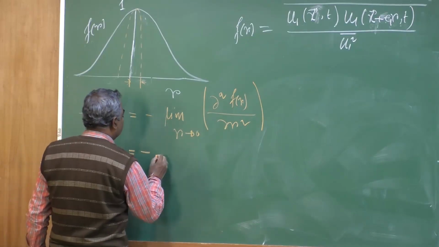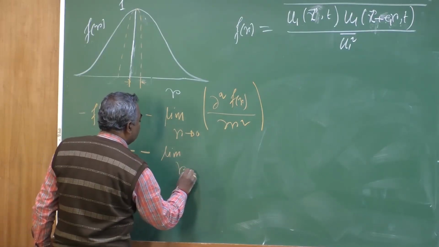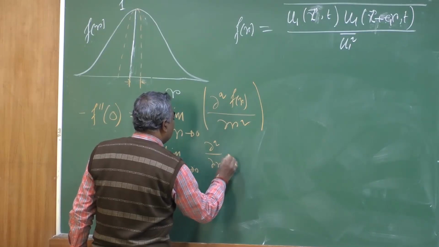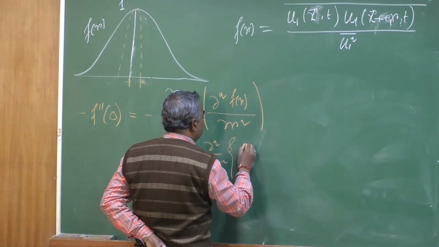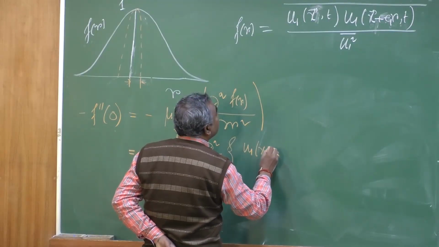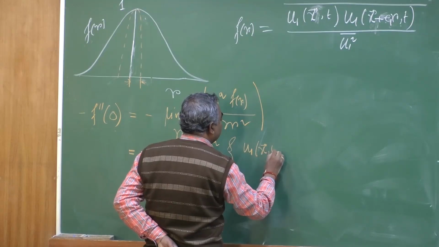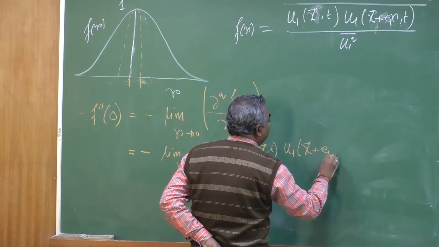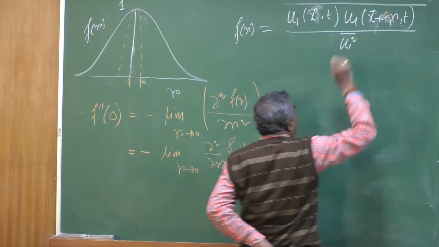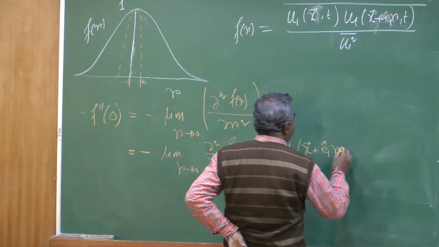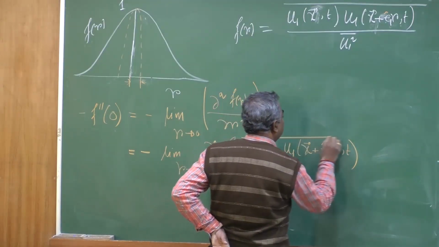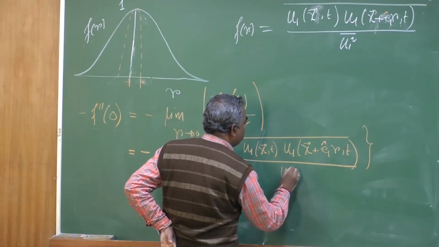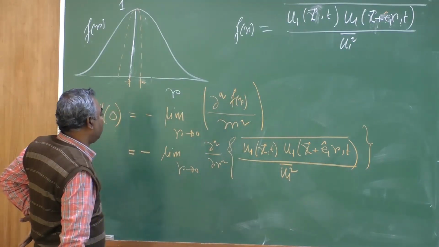We can once again write this as the limit r tends to 0, putting in the value of r given there: u_1(x, t) u_1(x + r u_1, t), where u_1 is a unit vector in the direction of x_1, divided by u_1 square bar.